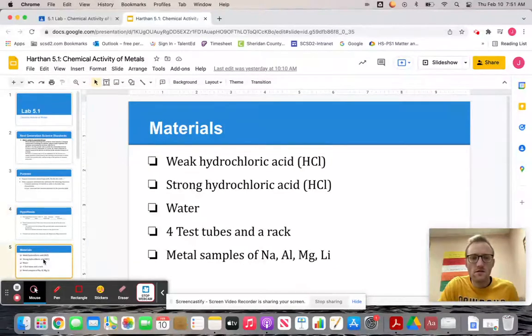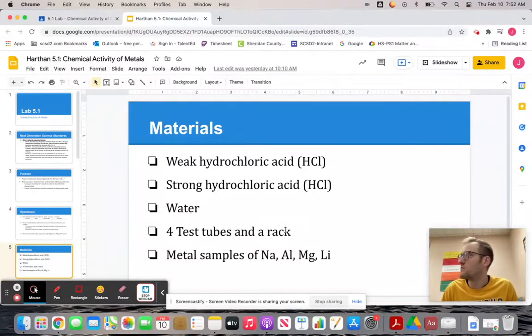Okay, and so you can see what we're going to be doing is basically we're going to start with adding water to these atoms to see if they react. Then we have a weak 1 molar hydrochloric acid, and then finally we have a strong 6 molar hydrochloric acid. Now, why do we have these different things? Let's think about this.